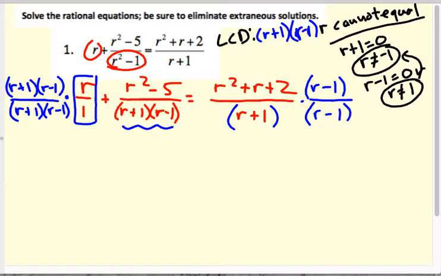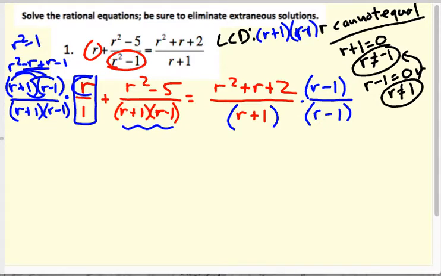Okay, so here we get into a little bit of work. Foiling this out, I'm going to get r squared minus r plus r, and finally minus a negative 1. This is equal to r squared minus 1 because these two will cancel out.